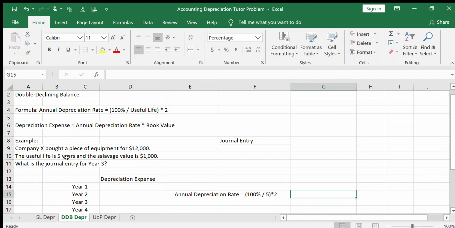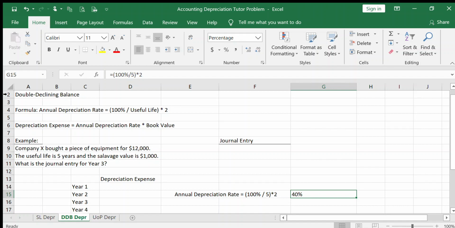That's the formula. If we put this into Excel to calculate, we have 100% divided by 5 times 2, and that gives us 40%. So our annual depreciation rate is 40%.